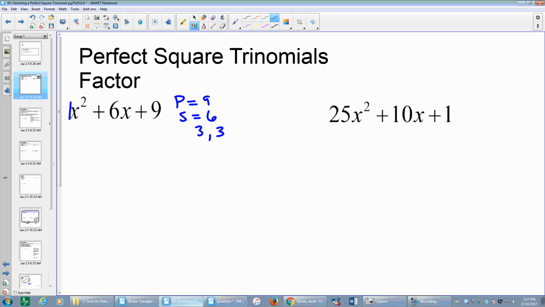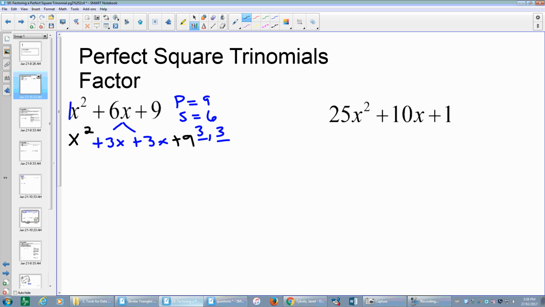So reviewing decomposition, my first term stays the same, x squared. I decompose my middle term, which means I break it down, and I use my two magic numbers, plus 3x, plus 3x, and my last term stays the same, plus 9.